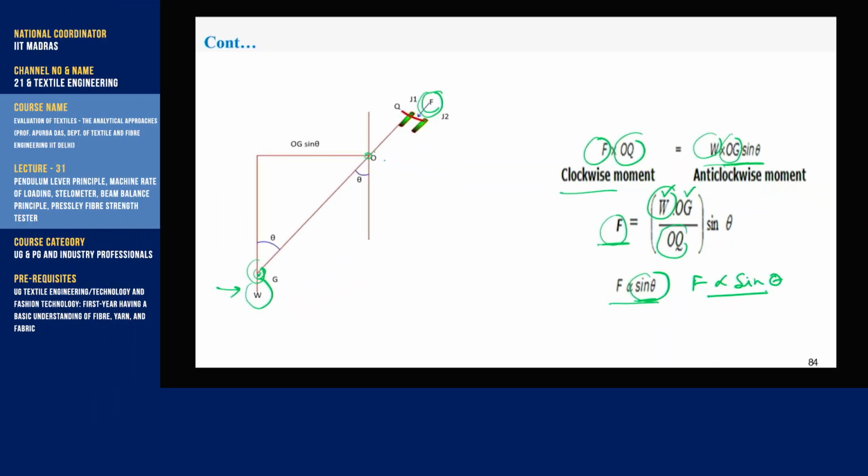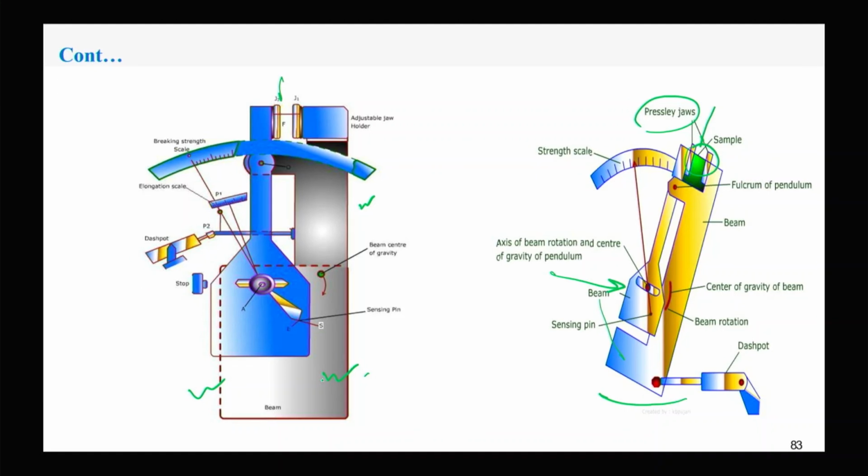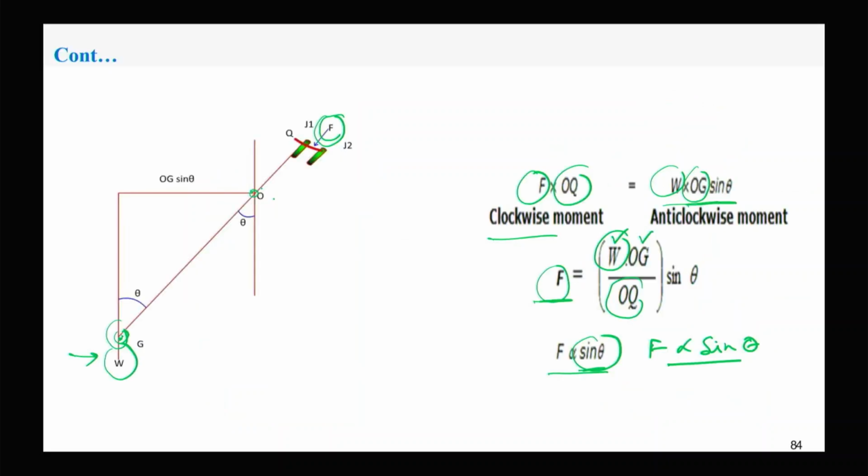Now the deflection of the pendulum and the designing of this beam is kept in such a fashion that when we release this beam, the deflection will follow a rate at which sin theta increases at a constant rate. So this is not a simple design.